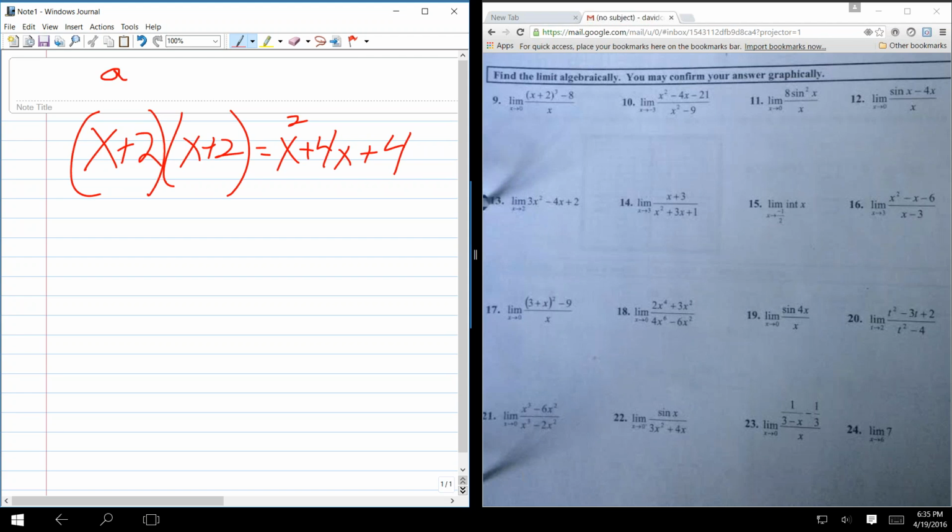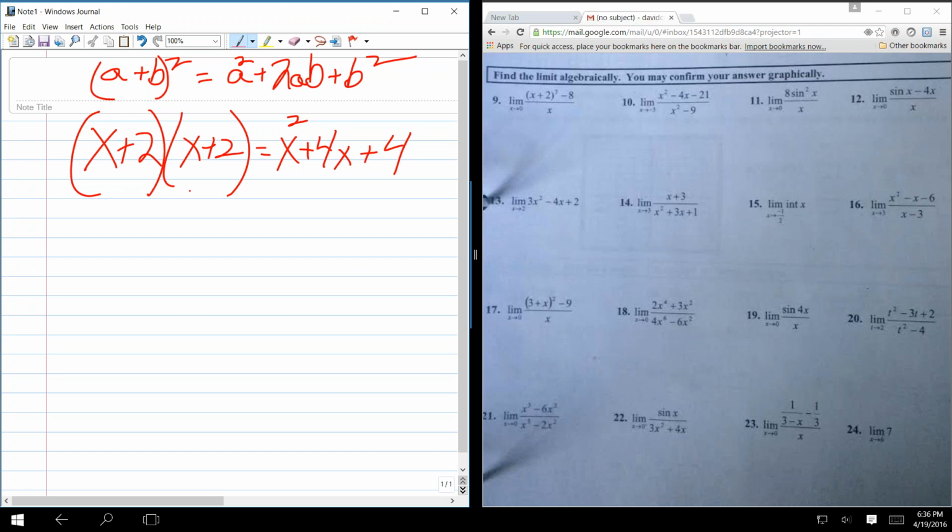In other words, a plus b squared. Memorize that because you have to do it so often. It's a squared plus 2ab plus b squared. And in our situation, a is x and b is 2.